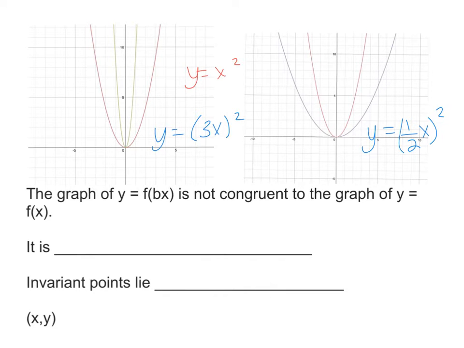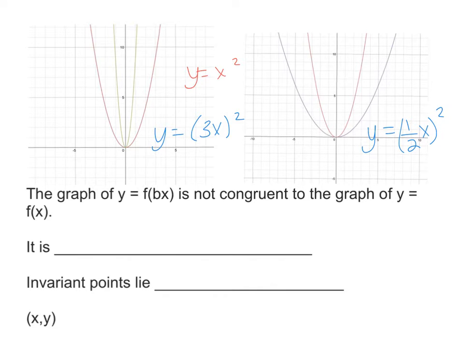And you can see by the way that they're written that these are different than the ones that we just did. The stretch factor, the 3 and the 1/2 here are inside the brackets with the x, not on the outside like they were before. So this is not a vertical stretch. This is a horizontal stretch. So the graph of y equals f of bx is not congruent to the graph of y equals f of x. It is stretched horizontally.